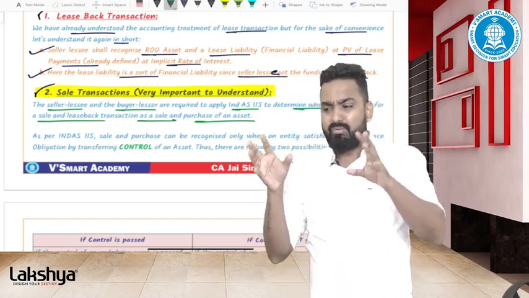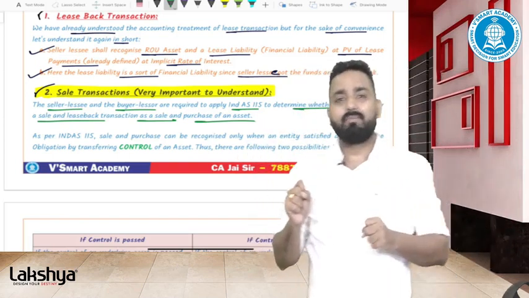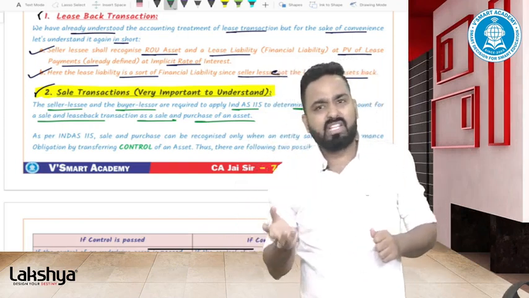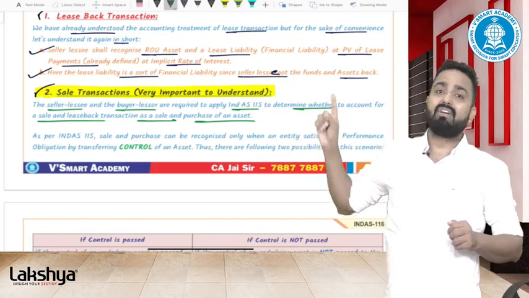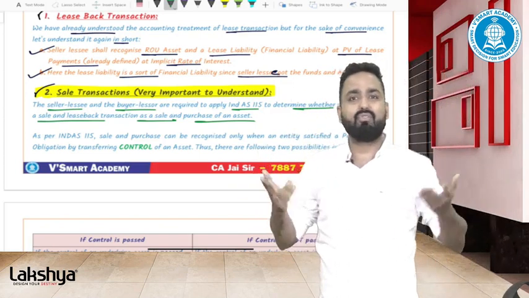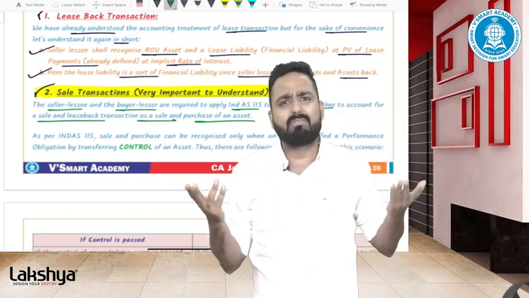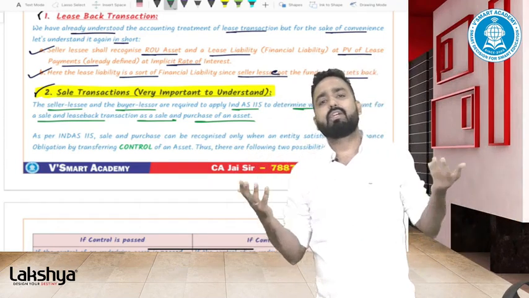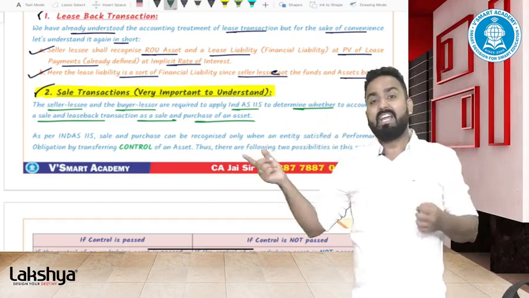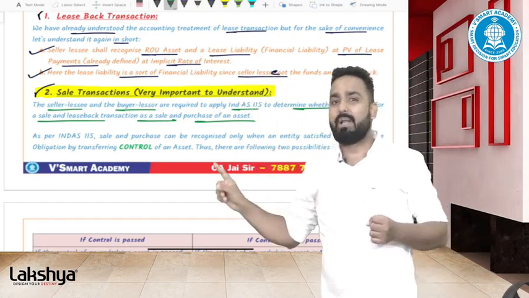Try to find out the substance of the transaction. Is this an actual sale or not? If it is an actual sale, then apply 115, because 115 says revenue from contracts with customers. That means 115 is basically applicable for sales, in respect of revenue transactions. So if it is an actual sale, then you have to apply 115.